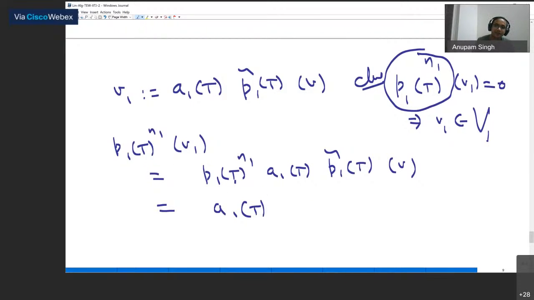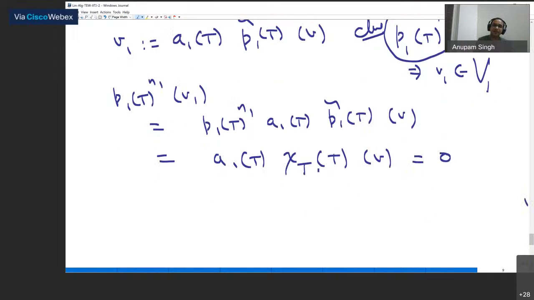And if I take p1(t) to the power n1 times p1 tilde(t), remember the way I defined p1 tilde(t), it was the characteristic polynomial divided by this. So I'll get the characteristic polynomial of T. Now the Cayley-Hamilton theorem says that this is 0. I get 0. So you can see that even if I had taken the minimal polynomial, it wouldn't have mattered. I still get 0. So this comes from the Cayley-Hamilton theorem.